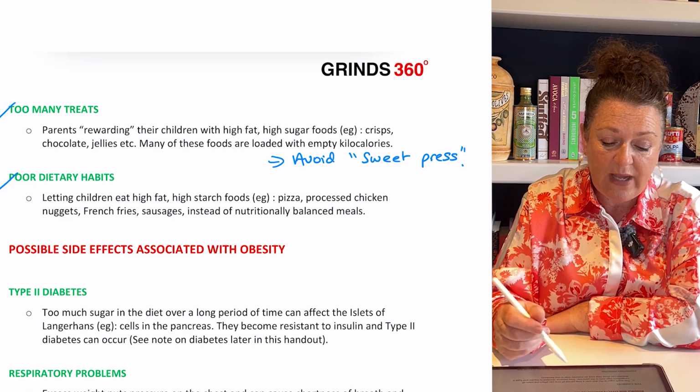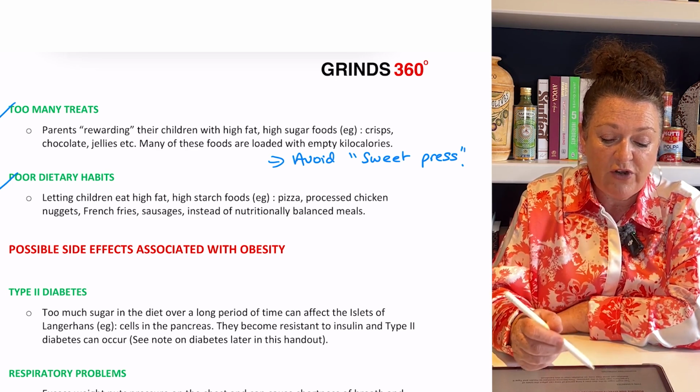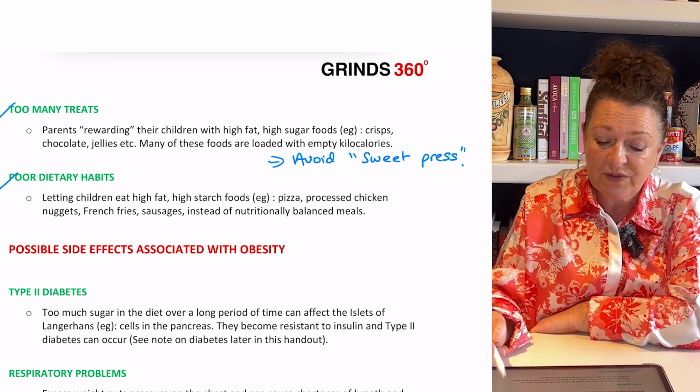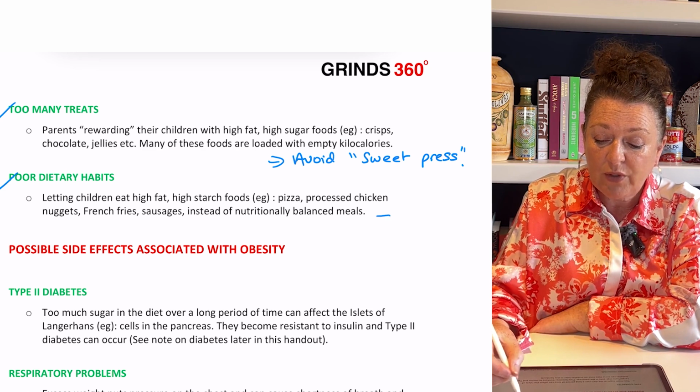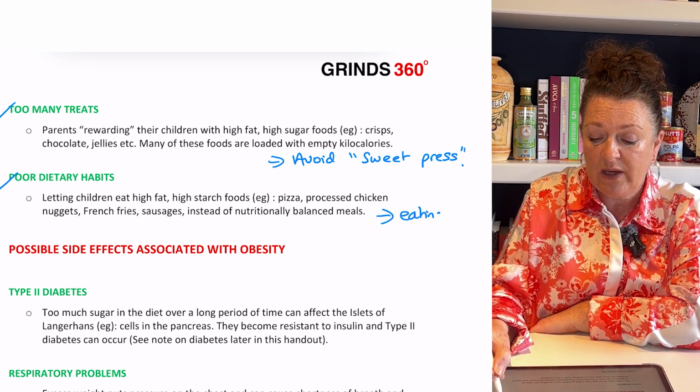So poor dietary habits, letting children eat French fry sausages, and the same goes not just in the home, but eating out as well.